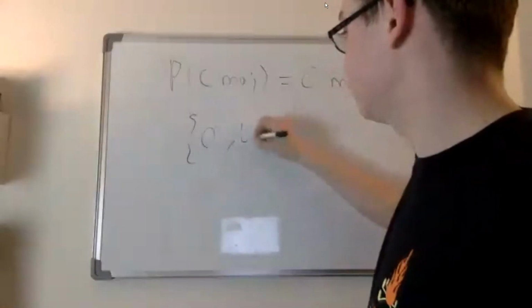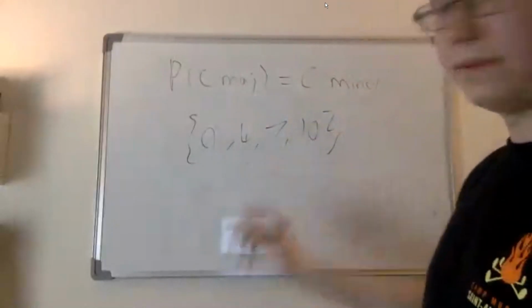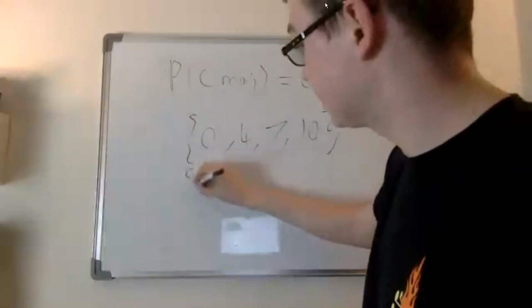Okay, so 0, 4, 7, 10. The way we invert something is we put a minus sign in front of it.